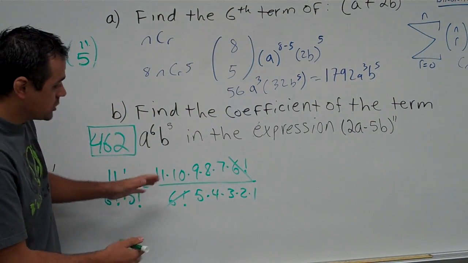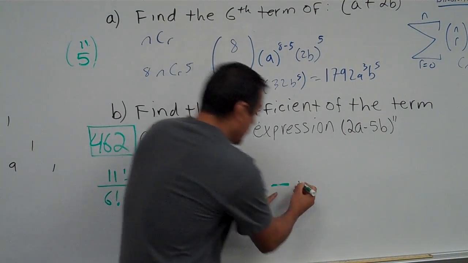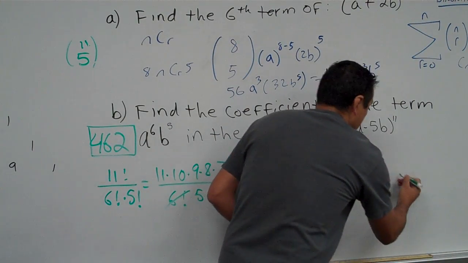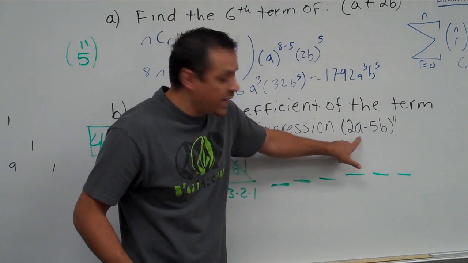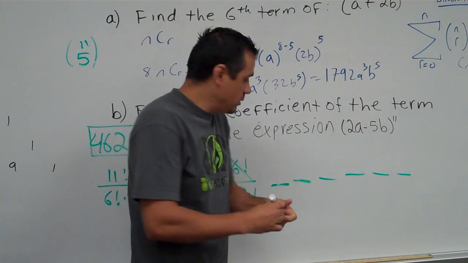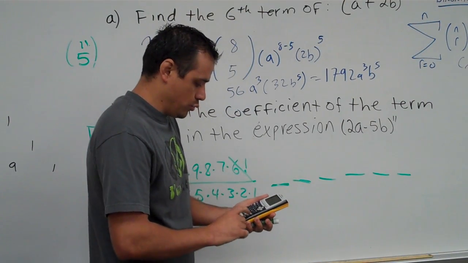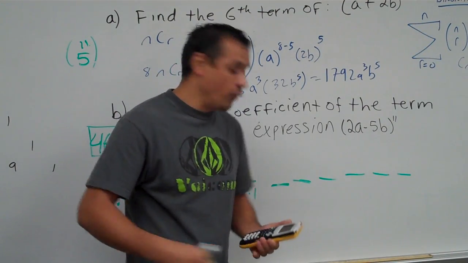When we started, it was the 11th power, the 10th, the 9th, the 8th, the 7th, the 6th power, right? So it was to the power of 6. So we've got to take this guy to the power of 6. 2 to the 6th power actually gives you 64.